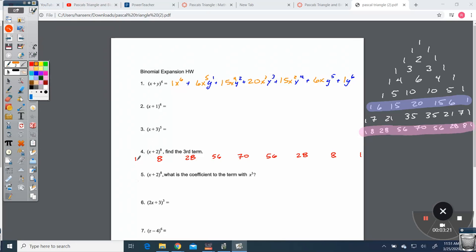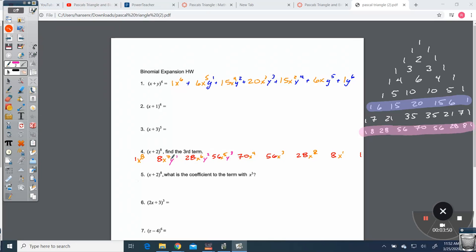So my x's go down. I don't know what happened to that squared, but yeah. And my y's go up. So y to the 0, y to the 1, y squared, y cubed.